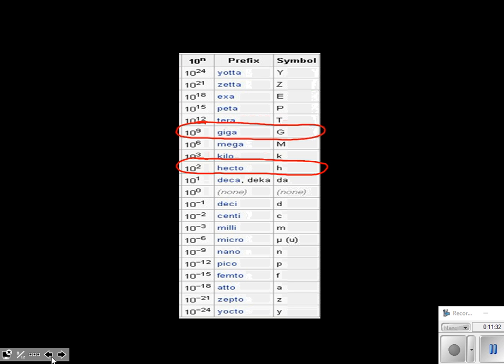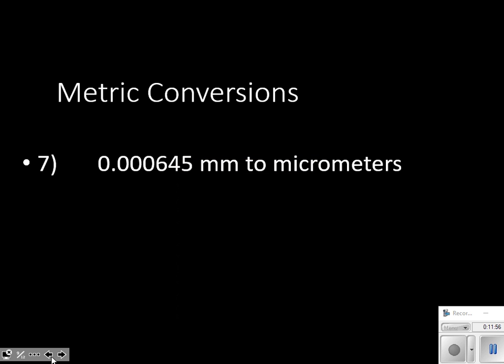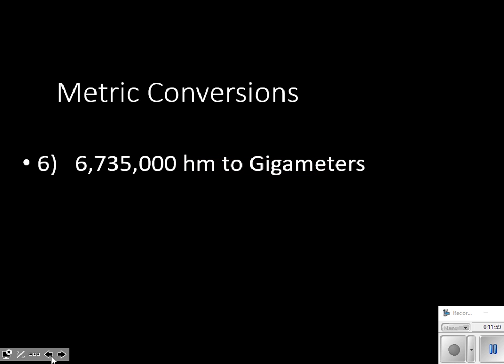So by looking at my exponents, I see a 10 to the 9th and I see a 10 to the 2nd. How many jumps do I need to get from 2 to 9? 7 jumps, right? What way am I going to jump it? To the left. So when I come back here, I'm going to jump this 7 to the left.